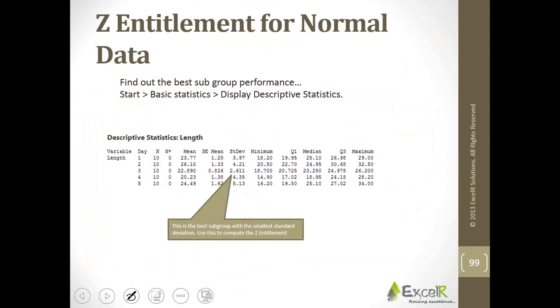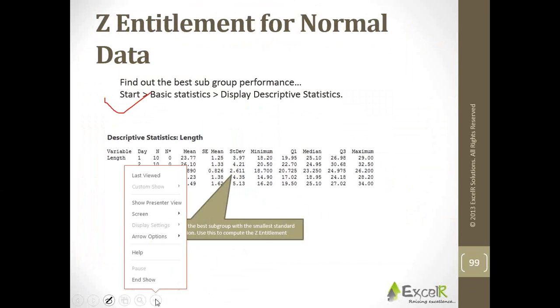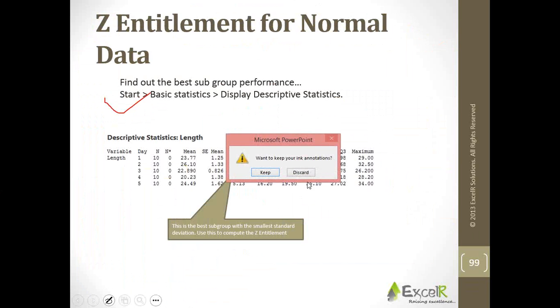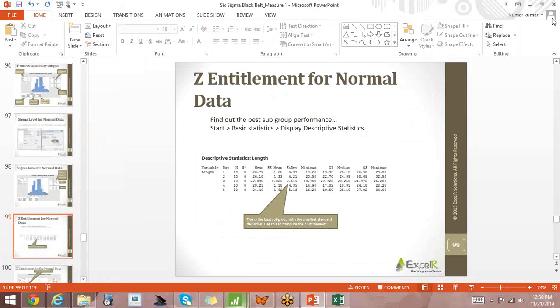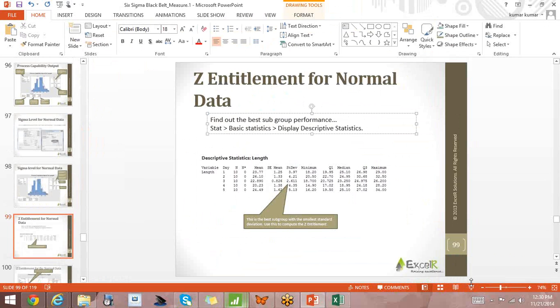And Z entitlement. Z entitlement for normal data. All you need to do is go to stat once again, basic statistics, display descriptive statistics. Once you do this, you will get the below details.